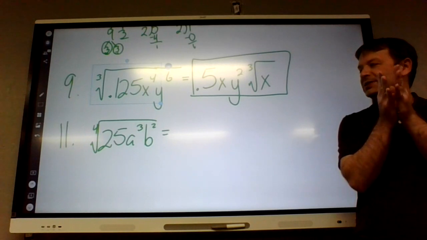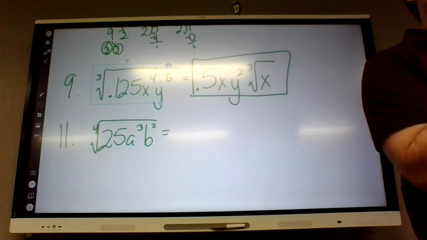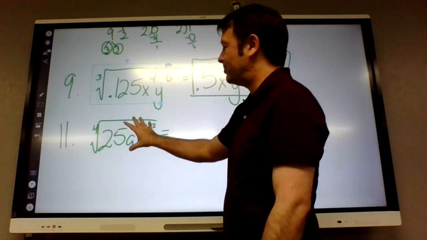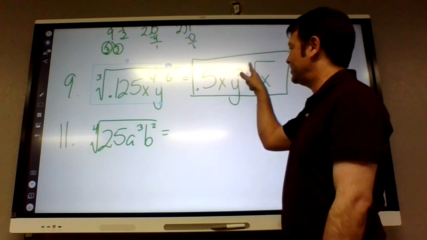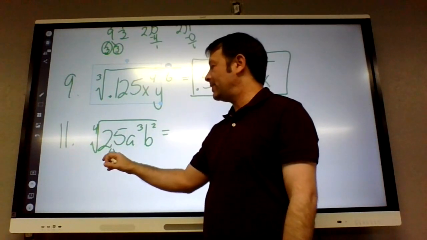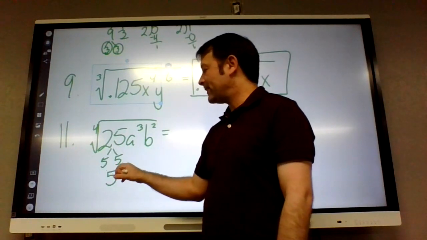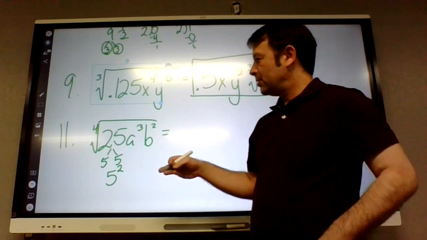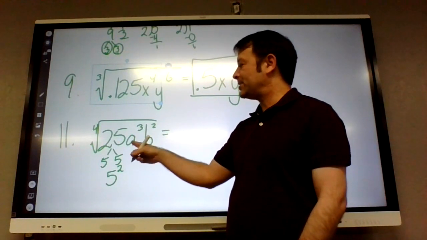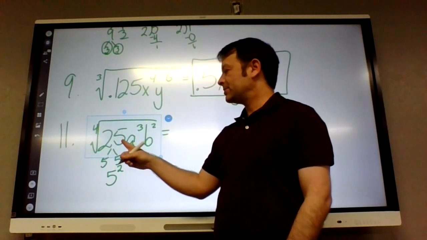Okay, here's the thing. On this section, we are not simplifying. We are rewriting in exponential form. In other words, we're getting rid of the radical and writing everything just inside the exponents. If you have a number like 25, they do want you to break it down. 25 is just 5 squared. So you guys remember how this works? A, for example, would be a to the what power? 3/4.